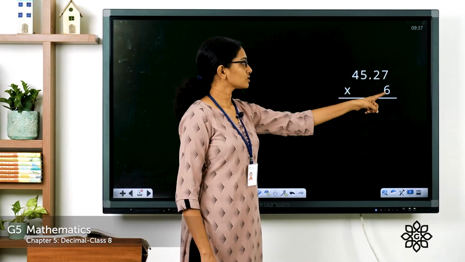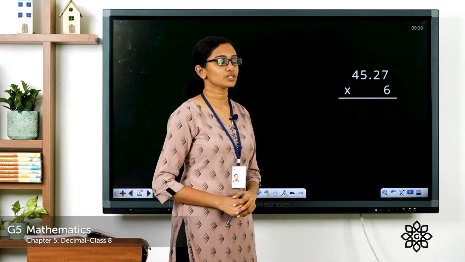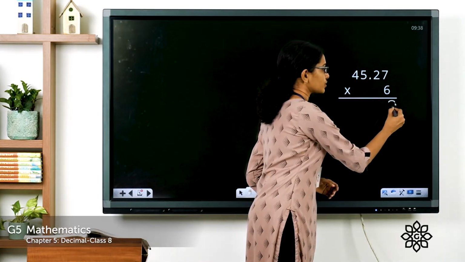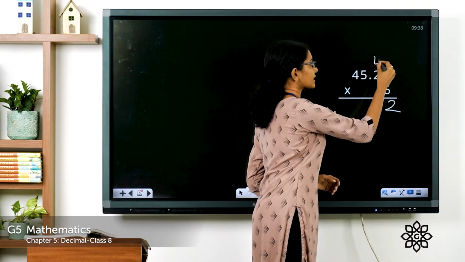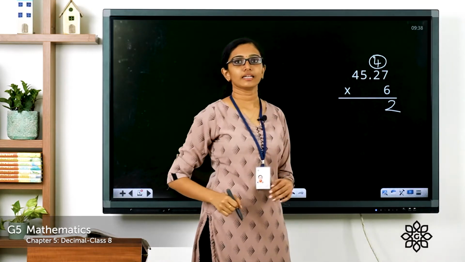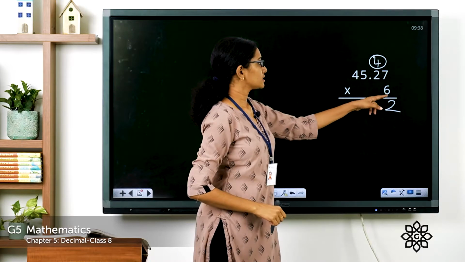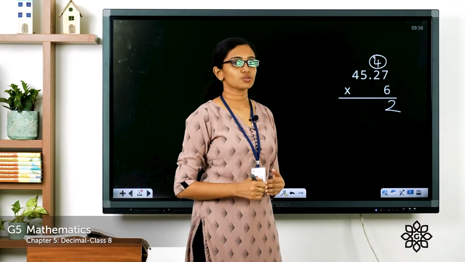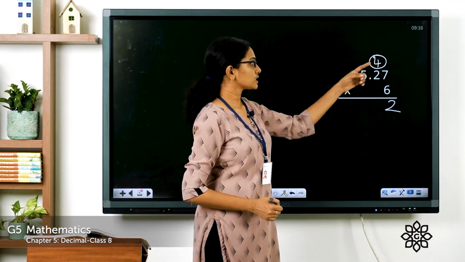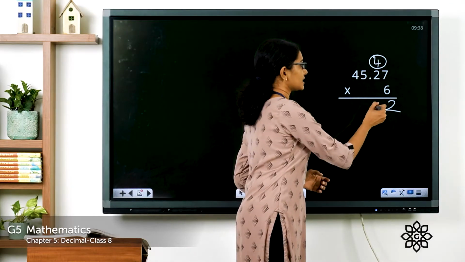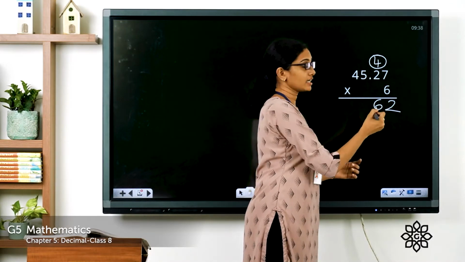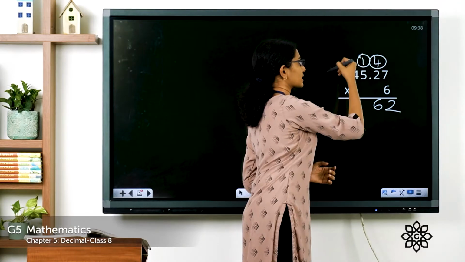So let's do 6 times 7, or 6 into 7, is equal to 42. We write the 2 here and carry over the 4 to the next place. Then 6 into 2 is equal to 12 plus this 4, 16. Let's write that 6 here and carry over 1 to the next place.